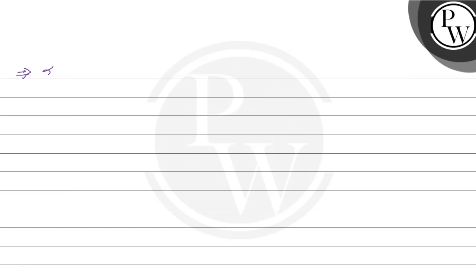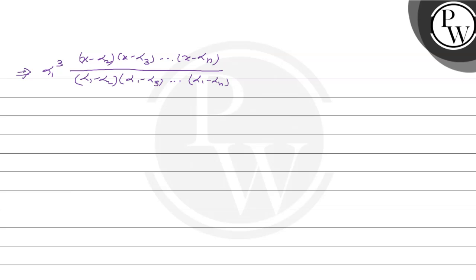So that will be alpha 1 cube, and it will give you x minus alpha 2, x minus alpha 3, it will go up to x minus alpha n, divided by alpha 1 minus alpha 2, the first term. The second term will be alpha 1 minus alpha 3 and so on. The last term will be alpha 1 minus alpha n, plus.